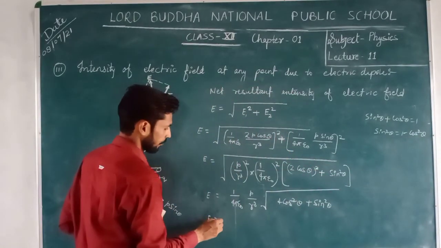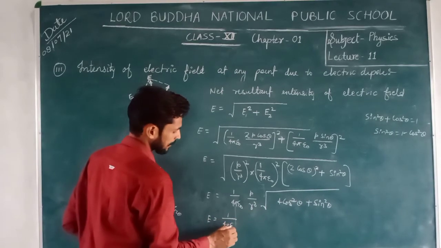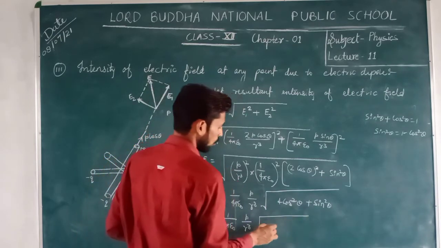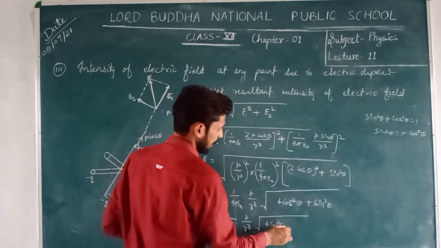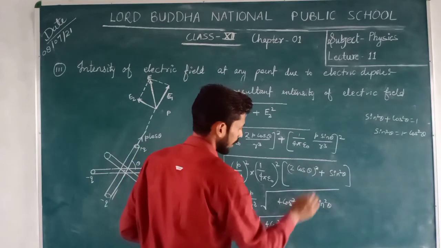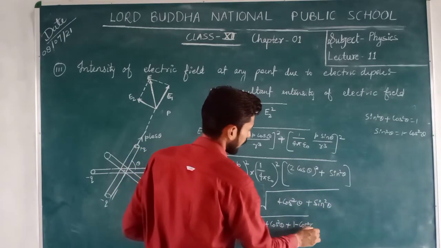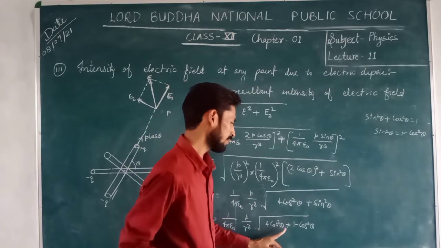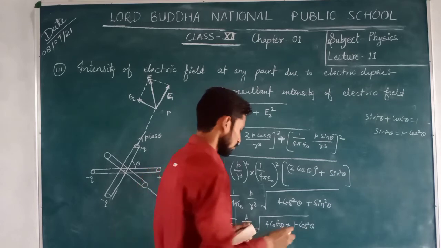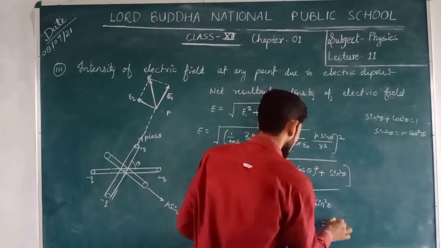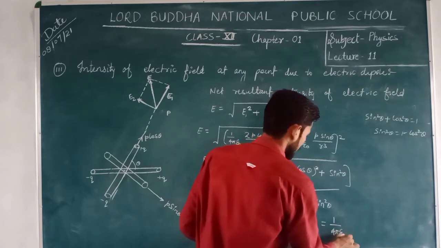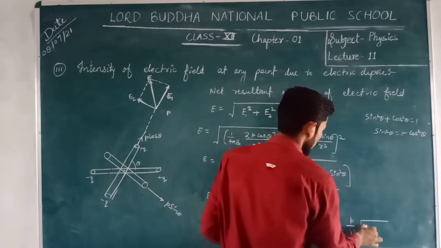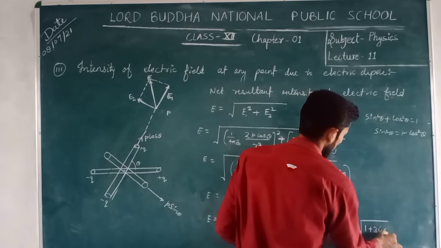So equals to 1 upon 4 pi epsilon naught p upon r cube in the square root 4 cos square theta, and plus in place of sin square theta we can write 1 minus cos square theta. So here the 1 and 4 cos square theta will be subtracted by cos square theta. So the final answer will be 1 upon 4 pi epsilon naught p upon r cube in the square root there will be 1 plus 3 cos square theta.